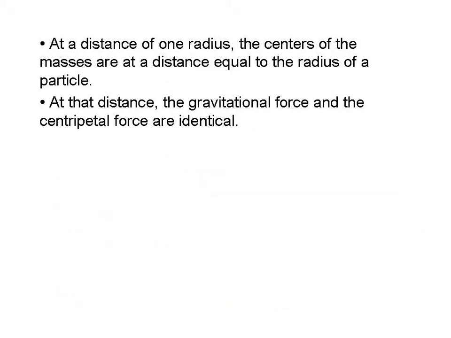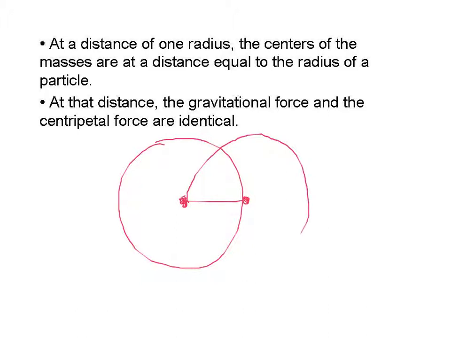At a distance of 1 radius, the centers of the masses are at a distance equal to the radius of a particle. And to show a picture, we have a particle with this radius. Here's the center. The center of the other particle would be here. So we have adjacent particles, but they're overlapping. The distance between the centers is 1 radius. At this distance, from the center here, the gravitational force and the centripetal force are identical.